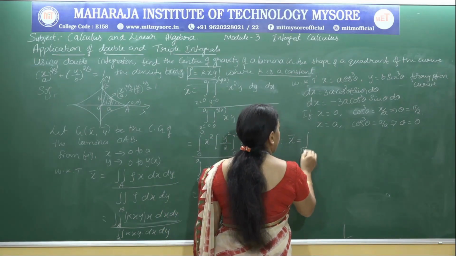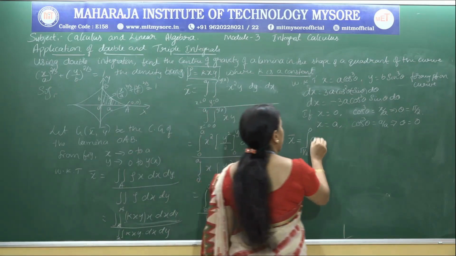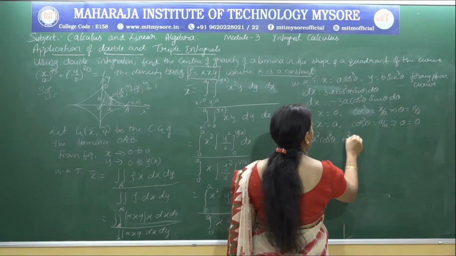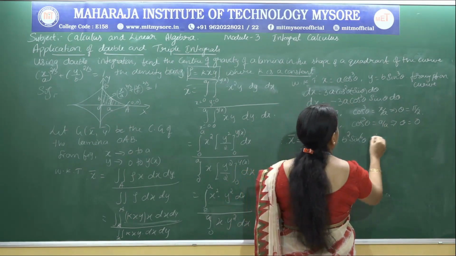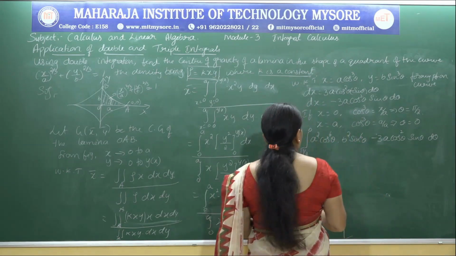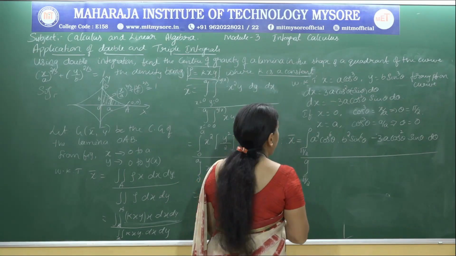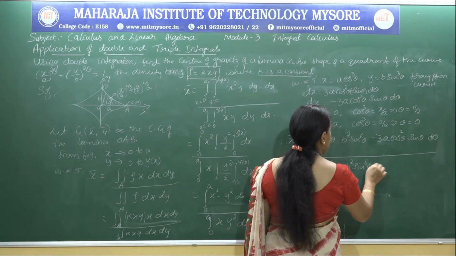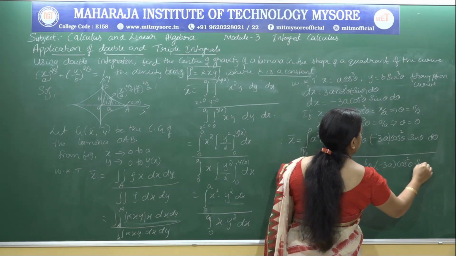That gives the integral from pi by 2 to 0 of x square, which is a square cos to the power of 6 theta, into y square, which is b square sin to the power of 6 theta, into dx, which is minus 3a cos square theta sin theta d theta, whole divided by the denominator: the integral from pi by 2 to 0 of x, which is a cos cube theta, times b square sin to the power of 6 theta, times dx, which is minus 3a cos square theta sin theta d theta.